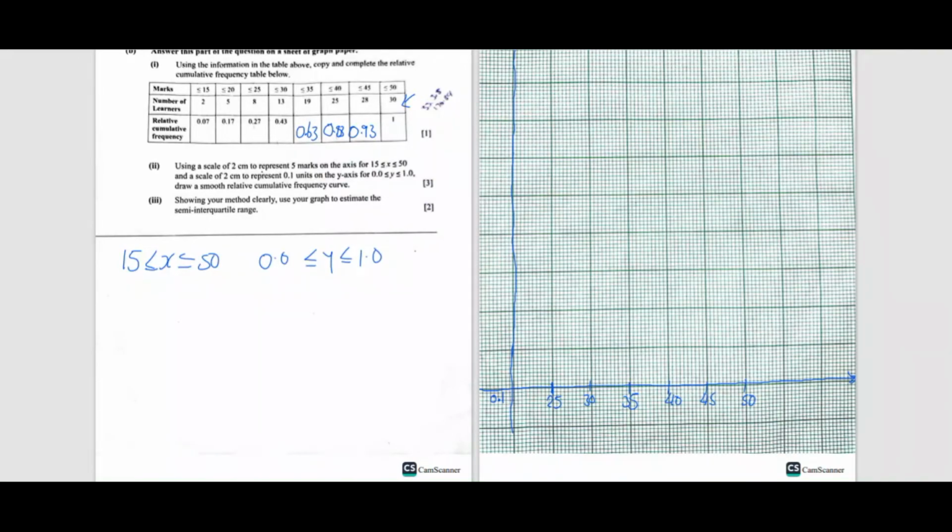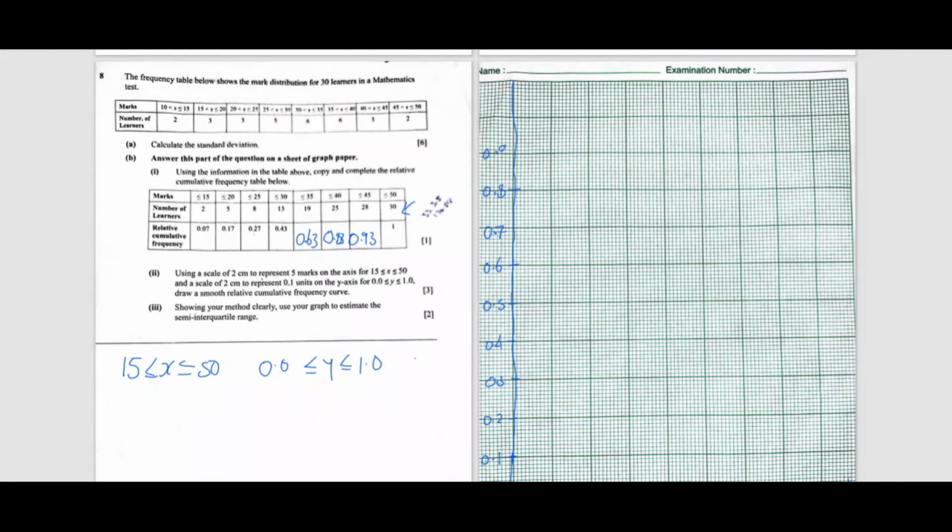Now for the y-axis, 2 centimeters represent 0.1. So if this is 0.1, then this one is 0.2, 0.3, 0.4, 0.5, 0.6, 0.7, 0.8 here, 0.9, 1.0.